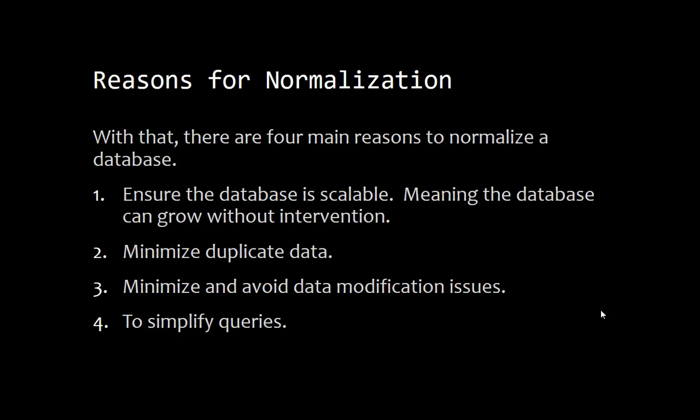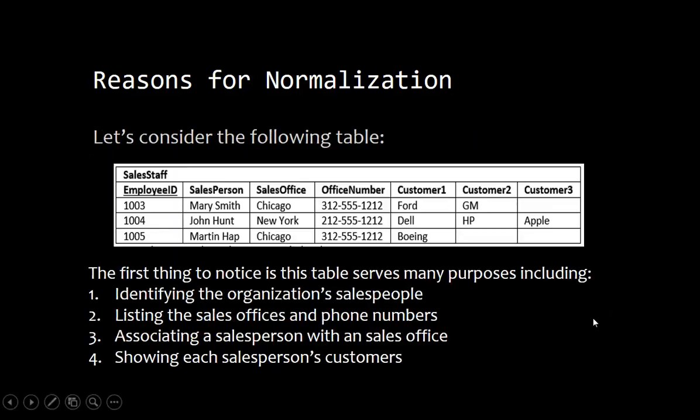You've seen how those work, so they shouldn't be foreign to you at this point in time. The big key is scalability and minimizing duplicate data. By doing those, we're going to minimize and avoid data modification issues and other issues in accuracy, and also ensure we can search correctly. Hopefully, we can explain all this to you in great detail as we keep moving forward.